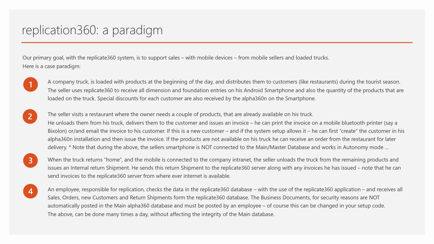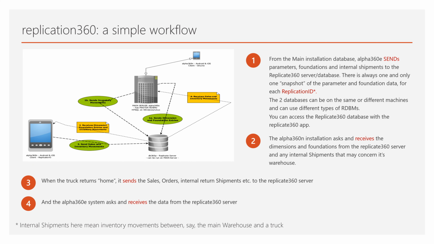The business documents, for security reasons, are not automatically posted in the main alpha360 database and must be posted by an employee manually. Of course, this can change in your setup code. The above can be done many times a day without affecting the integrity of the main database.